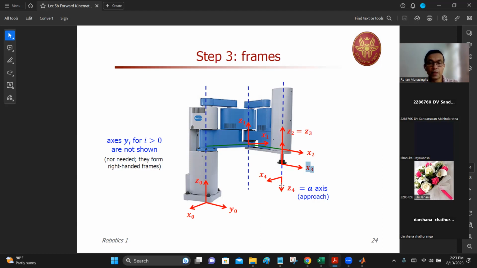The robot itself has 4 joints here: first joint, second joint, third and fourth joints. The third one is prismatic, the fourth one is rotary. That's all the robot has got. So you can see the first, second, third and 0th frames. But now you put this additional gripper or something that you want to connect to the manipulator. We represent that using X4, Y4, and Z4.